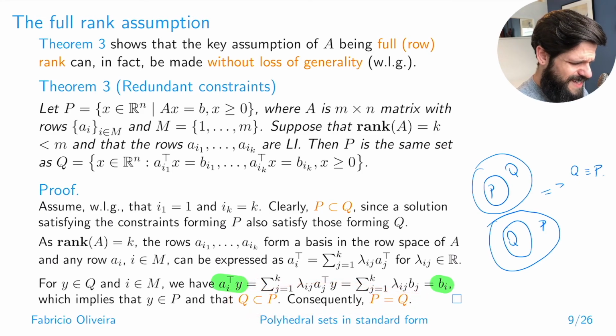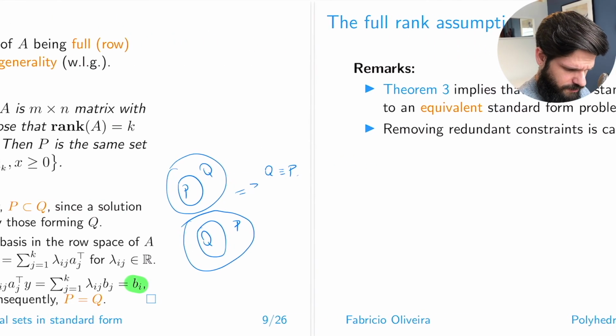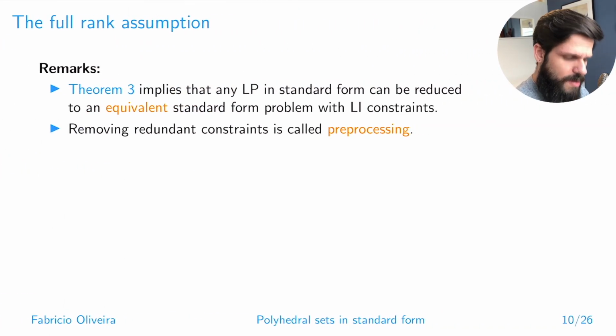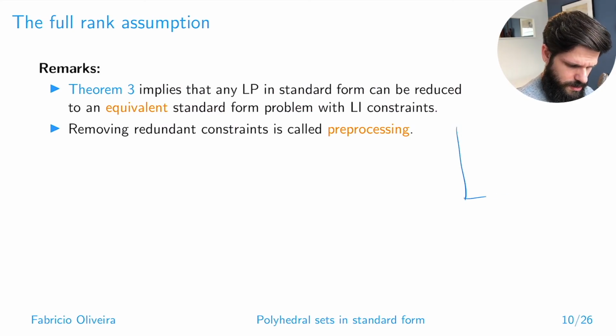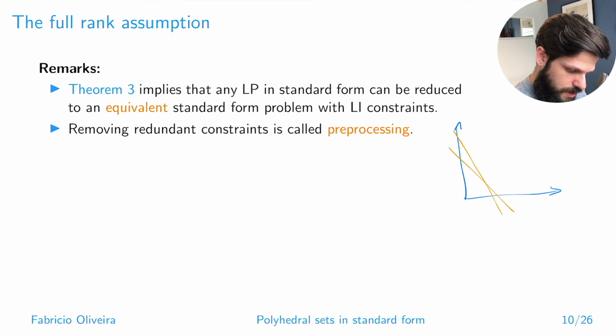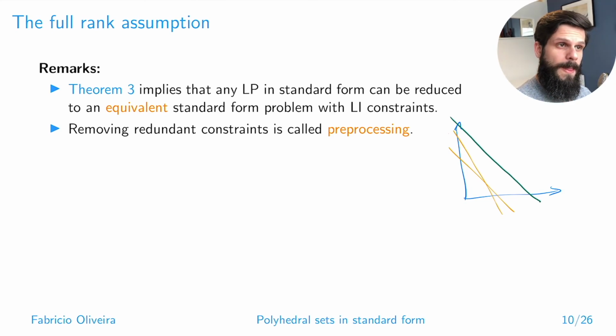And the reason for that is actually simpler than it might look at first. It's basically telling you the following. Let me see if I can find it, yeah, I have some here. If you have a set formed by these two constraints, like so, and you add a third constraint here, which is, say, the addition of these two, this constraint is redundant.